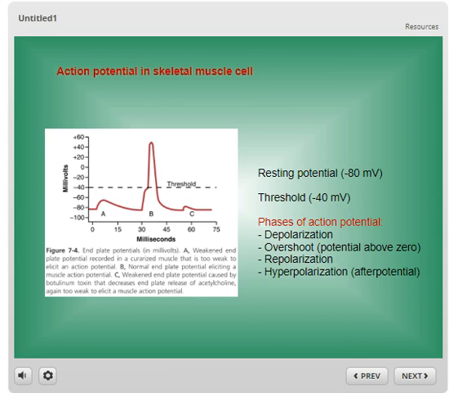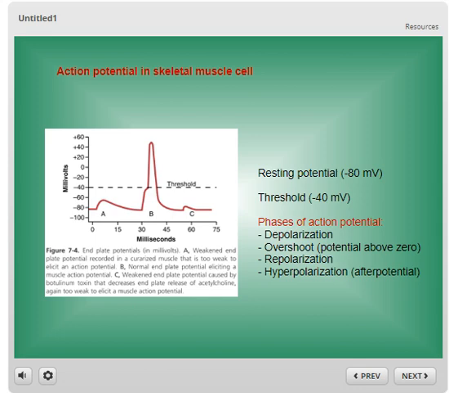If the membrane potential reaches this threshold, voltage-gated sodium channels open, leading to rapid depolarization. The action potential in muscle cells has three phases.